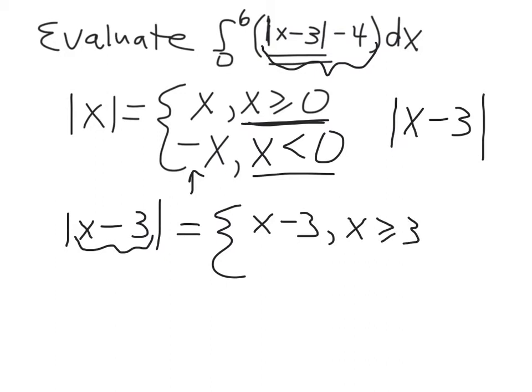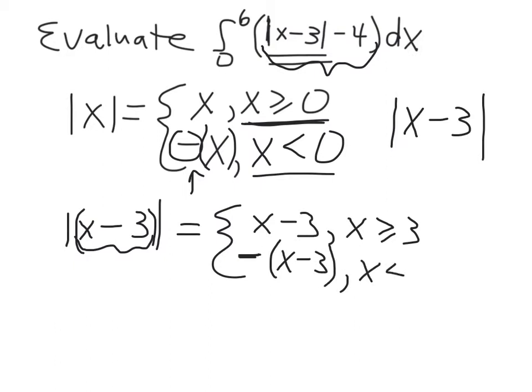So what's the second part then? Okay, we have to say the opposite of. Now, it's the opposite of the entire inside. So the opposite of the quantity x minus 3 when x is less than 3. Okay.